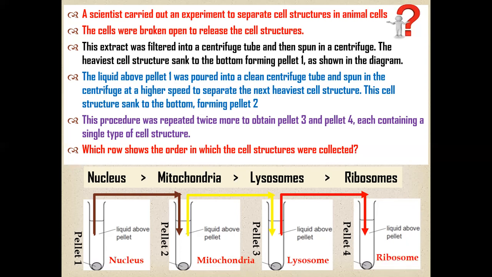Because the heaviest particle, the nucleus, is a double membrane bounded organelle. After this nucleus, there is the mitochondria as a double membrane bounded organelle in the animal cell. After that, lysosome as a single membrane bounded organelle. And after that, there's a ribosome without a membrane.